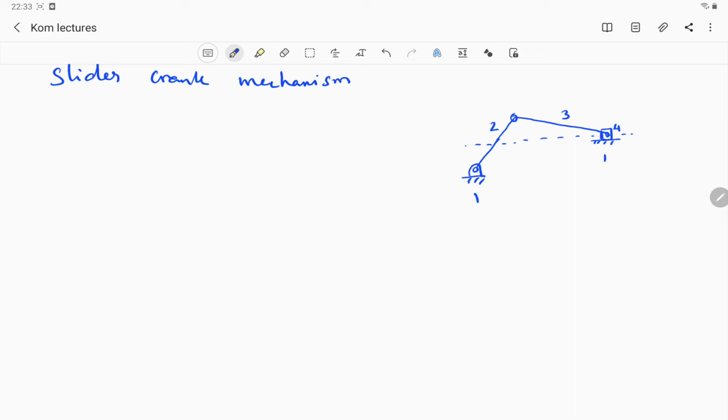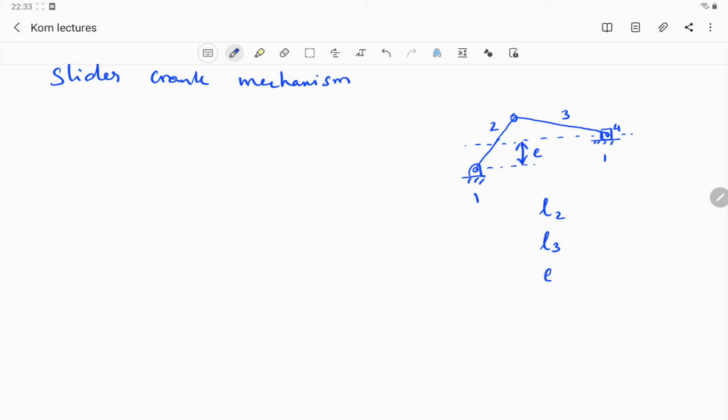Okay, and if you see here, what are the things we know? We know, let's say, L2, the length of link 2, L3, the length of link 3, and one more dimension, which is this gap, which we call eccentricity.